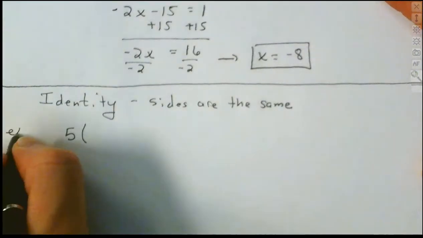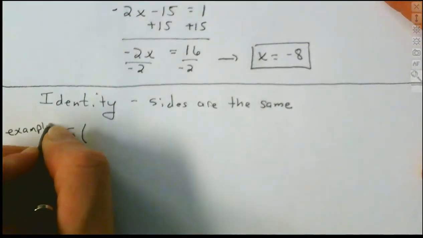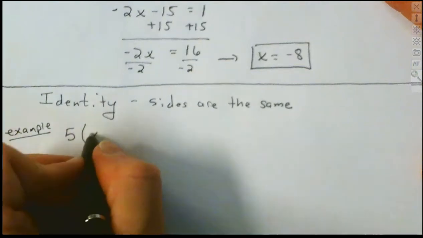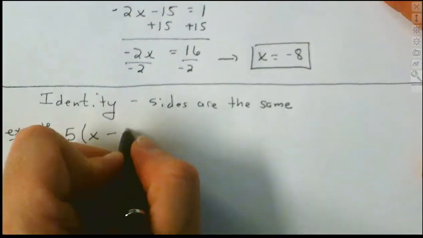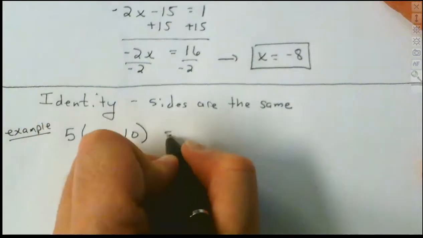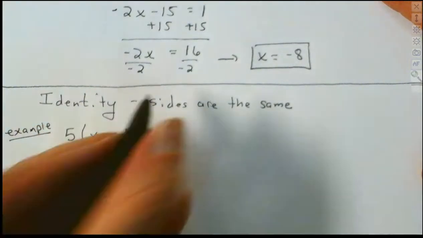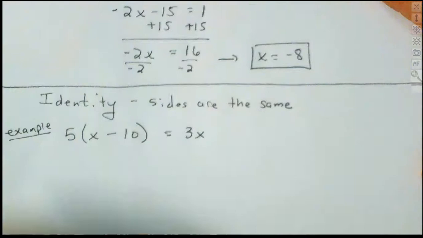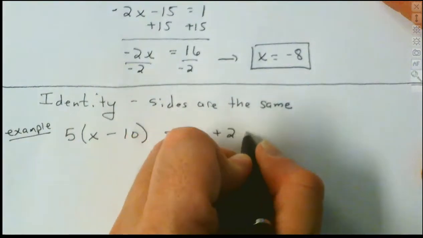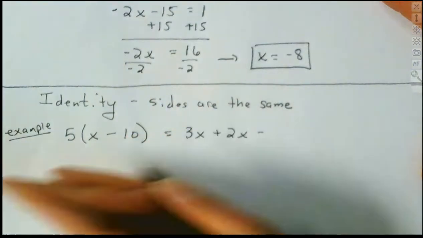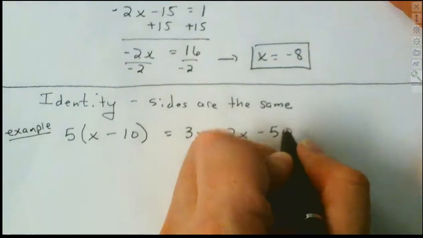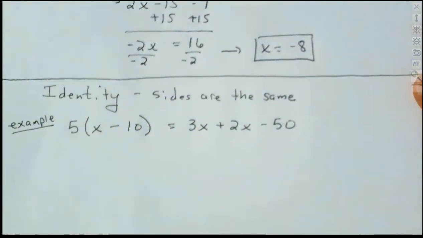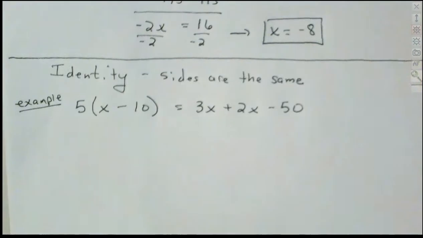So this is going to be another example. And this is going to be an example of an identity. And on the identity, when we work it all out, the sides are going to be exactly the same.